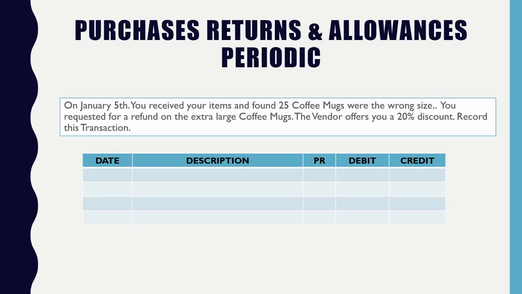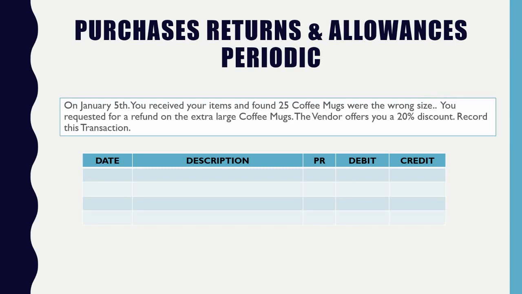However, they also have the capability to convince us. You're always going to go into some kind of discussion where they say, hey, I'm going to offer you a 20% discount because I'm sorry, I didn't mean to send you the wrong coffee mugs. In this sense, you could still sell those coffee mugs for a different price.